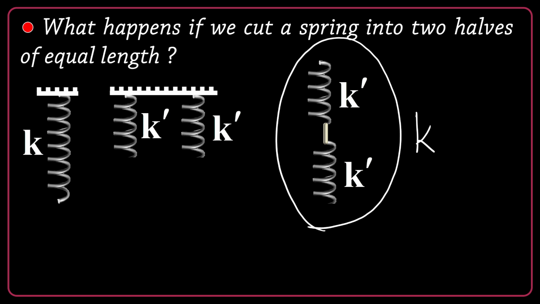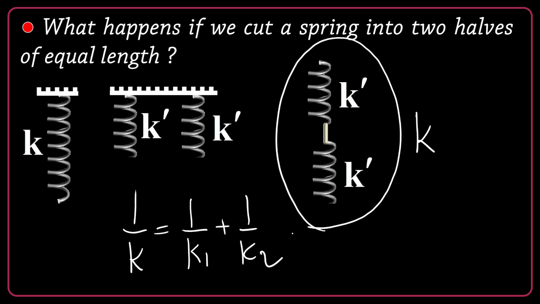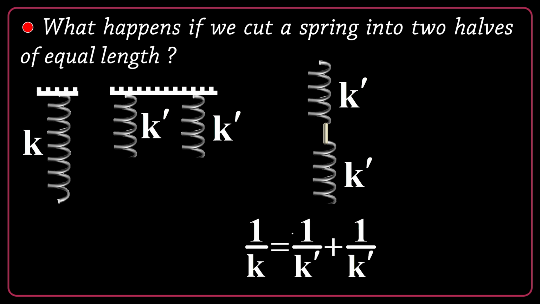Now I apply the formula for the combination in series. In combination in series, we have 1 over the equivalent K is equal to 1 over K1 plus 1 over K2. Now K1 and K2 are both K prime. So let's have 1 over K prime plus 1 over K prime.